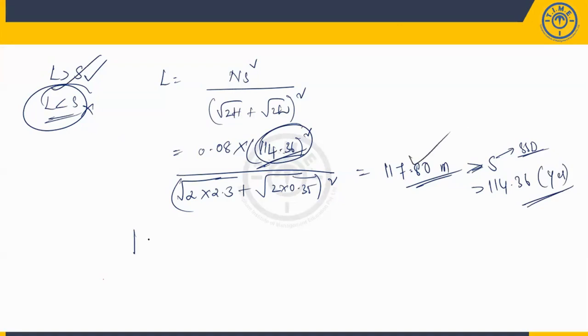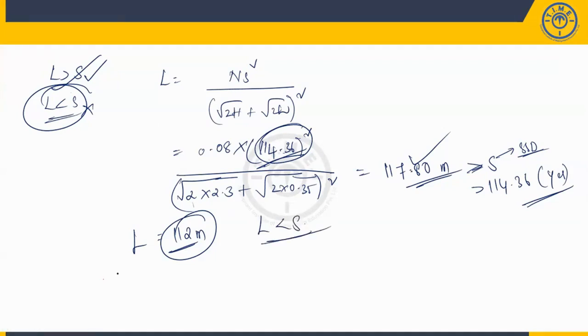Suppose you get L equal to some 112 instead of 117, that is, the length of summit curve is 112 meter. But what you took was L greater than S, and here L is less than S.